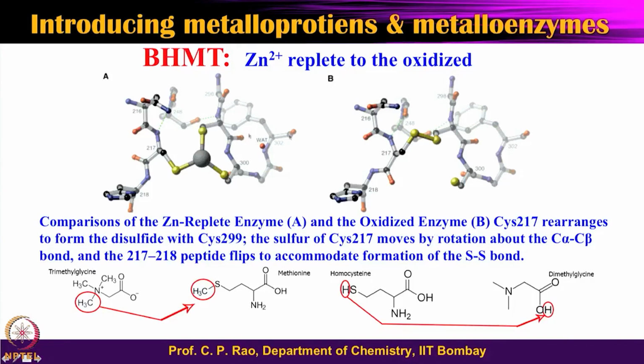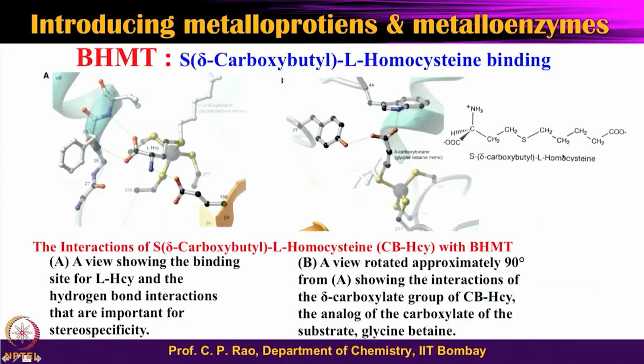So from this kind of coordination sphere to form a disulfide, because two of the sulfurs have to come closer, this has to go away. Therefore, there is a movement of this bond and these two coming closer and then forming a disulfide and throwing this out. Okay? And that is where the thing is.